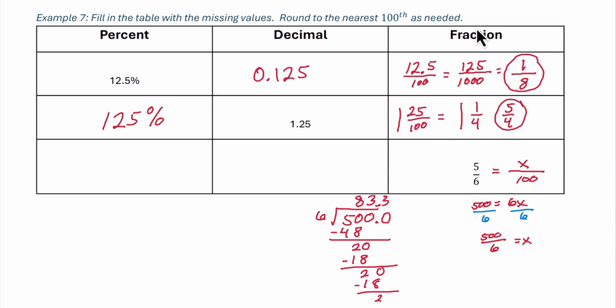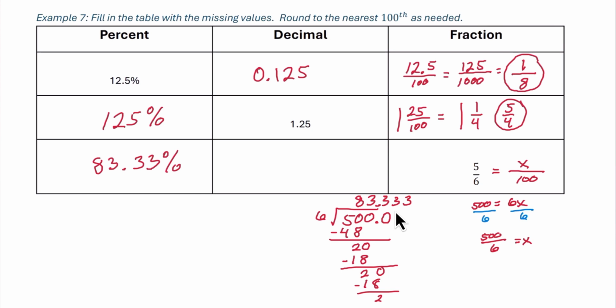It says we need to round to the nearest hundredth as needed. So since this 3 is repeating forever, we can write it out 3 times. And the second decimal is the hundredths place. Looking to the right of that, we get another 3, which means we round down. As a percent, we would have 83.33. Then we just need to tack on that percent sign.